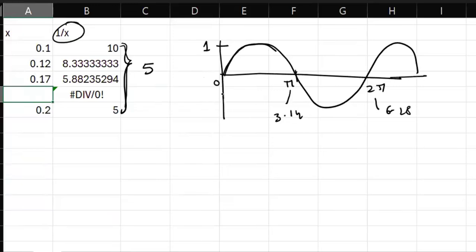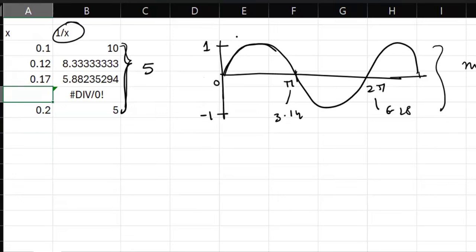And if this interval instead of 5 is 6.28, it will go from 0 to 1 and then minus 1 and 0 again. The point I'm trying to make is it is not approaching a particular value. It is oscillating, fluctuating between 1 and minus 1.